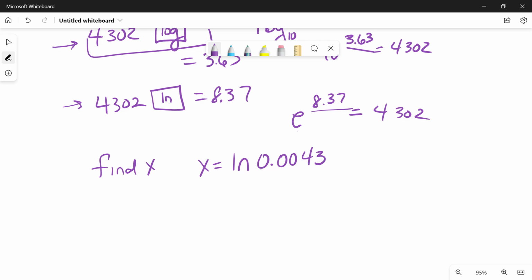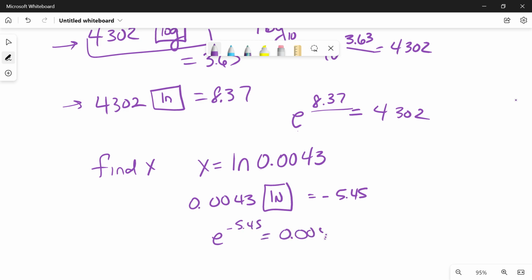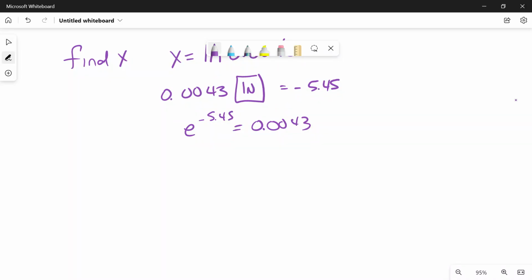So I'm going to key in 0.0043, hit that natural log button, and I'm going to get negative 5.45. That just means that e raised to the negative 5.45 equals 0.0043. Okay? All right, one more, couldn't resist.